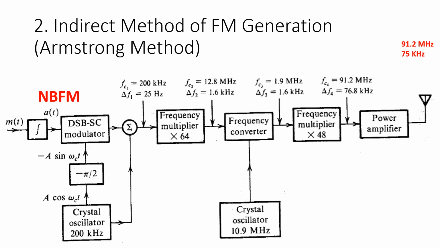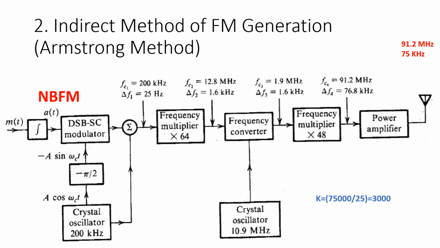Now this carrier of 200 kHz has to be converted into 91.2 MHz, and this small deviation of 25 Hz has to be converted into 75 kHz as the requirement of the FM transmission system. For this purpose, we require a multiplying factor of 3000.